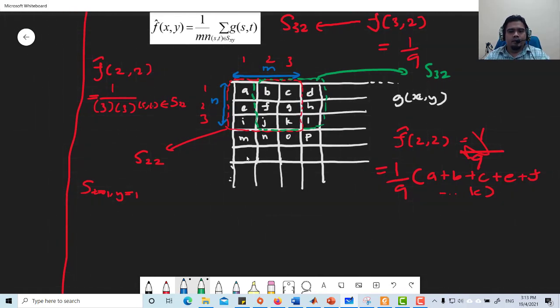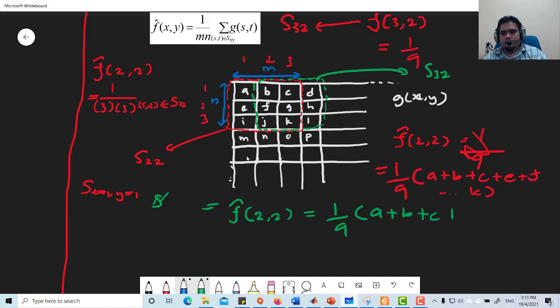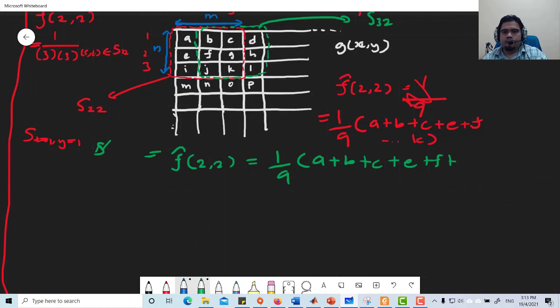The operation will become, my F hat 22 actually is equal to 1/9 times A plus B plus C plus E plus F plus G plus I plus J plus K. If I'm using an average filter to find the output of this region, then of course I will compute the SOP, sum of product.